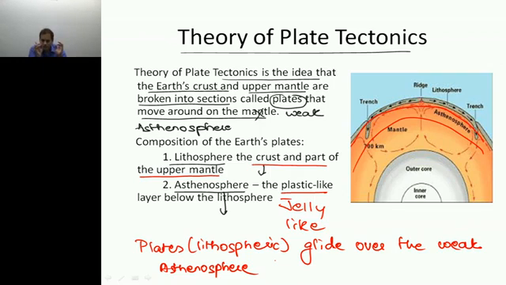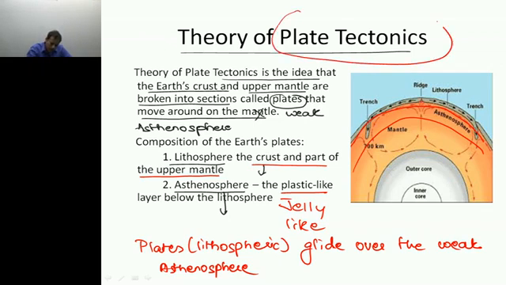So remember the concepts here. What is a lithosphere? Lithosphere are solid slabs on the surface of the Earth. Asthenosphere is a weak jelly-like substance. On this weak jelly-like substance, the solid slabs move around or glide around. This is explained by the theory of plate tectonics.